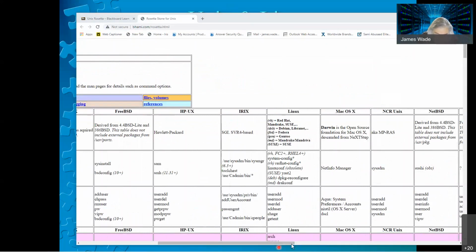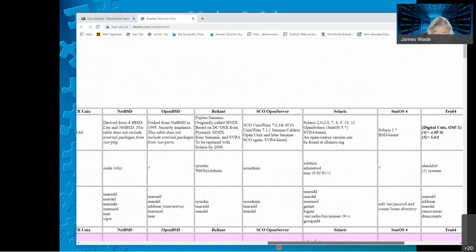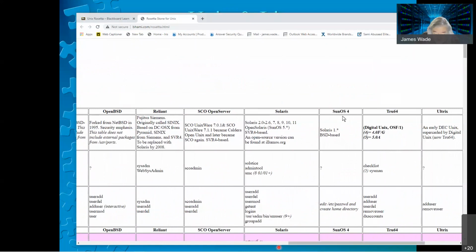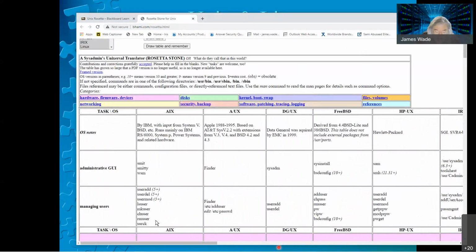But the main difference between these flavors of Unix, see all these flavors? Solaris, SunOS. This SunOS was before Solaris. All these different flavors of Unix. Well, what changes is some of the configuration files are different from each flavor of Unix.